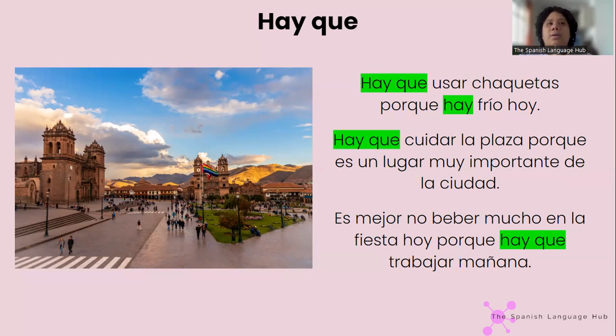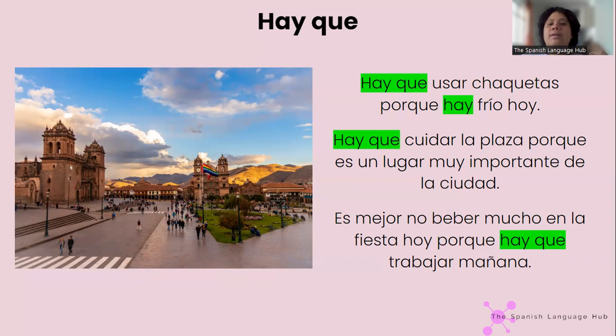Remember that the words change by context, and the context is what is before and after that word. So here, when we have together, hay que, that phrase means it's necessary. Forget about the other meanings that you have of que. Hay que, together, means it's necessary.